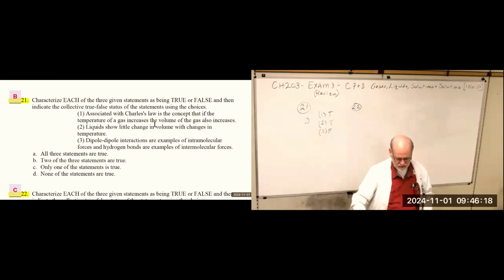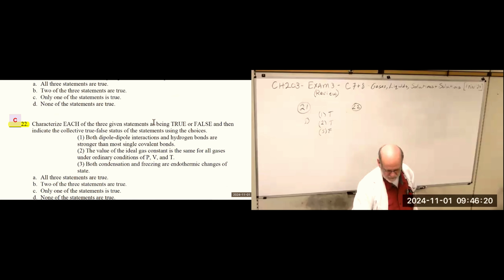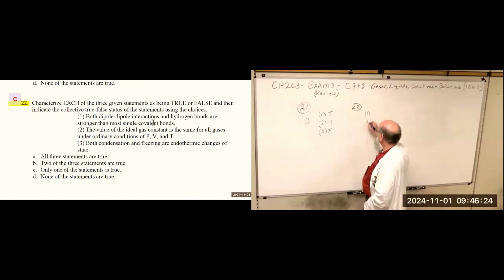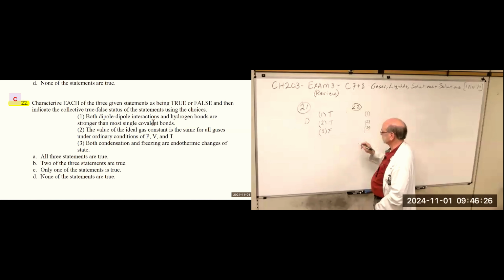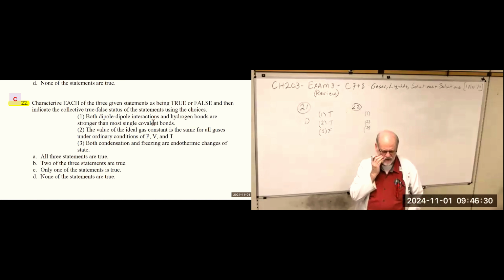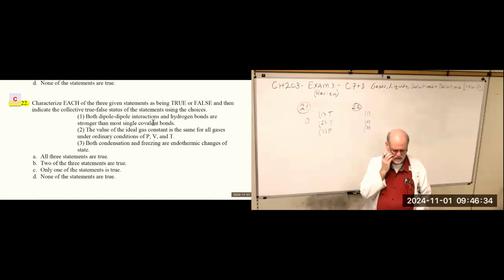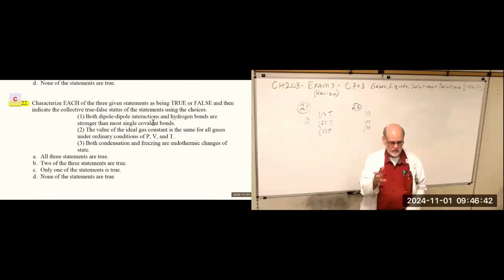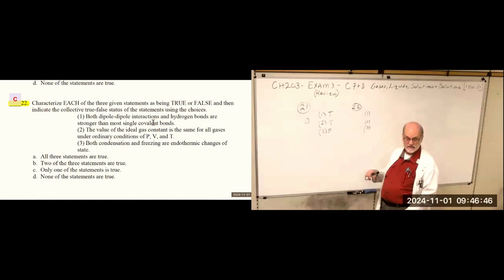21 is B, 2 of the above. I think 22 is going to be another similar arrangement here. Okay, 1, 2, and 3. Both dipole-dipole interactions and hydrogen bonds are stronger than most single covalent bonds. No. That's another way of saying that intermolecular forces are stronger than intramolecular, and that's never true.